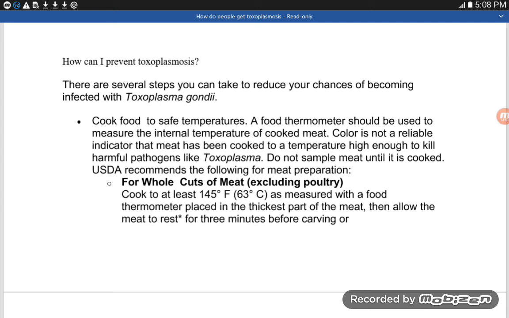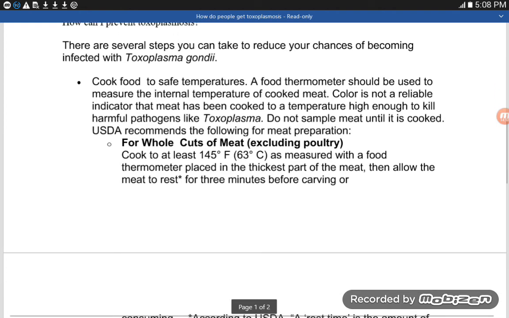Right. So here the USDA recommends the following for meat preparation. For the whole cut of meat, excluding poultry, cook to at least 145 Fahrenheit or 63 Celsius. So if you want to cook, the temperature should be at least 63 Celsius as measured with a food thermometer placed in the thickest part of the meat.